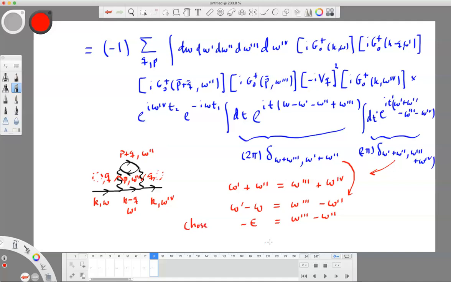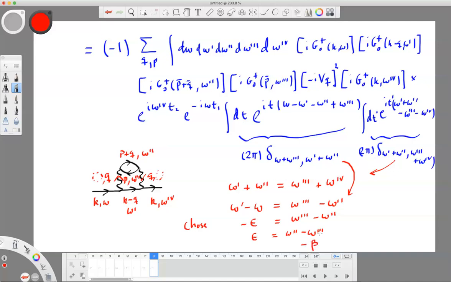Okay, now I'm going to just switch these two, and so epsilon, if I multiply by -1 on both sides, we get omega double prime minus omega triple prime. Now I'm going to call triple prime beta.